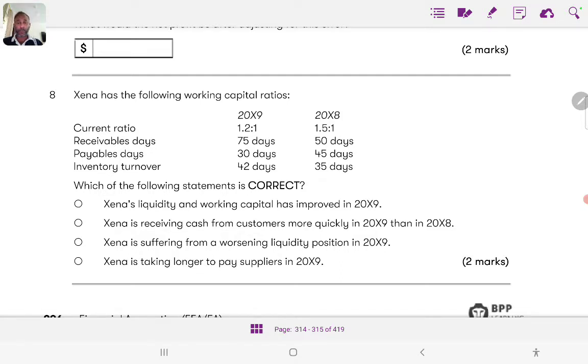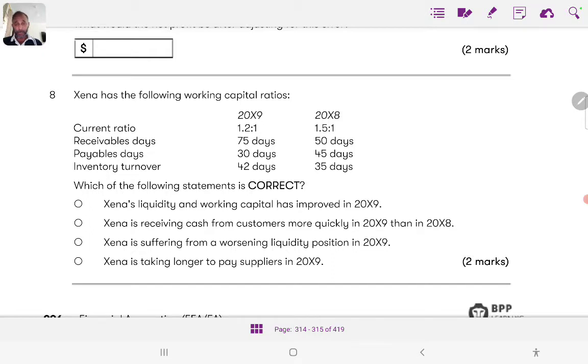The second line item is receivable days. Last year, my receivable days were 50 days. Customers were taking 50 days before paying us, but now it has increased to 75 days. Again, we can understand that our working capital or liquidity condition is becoming worse, and even the current ratio tells us this.